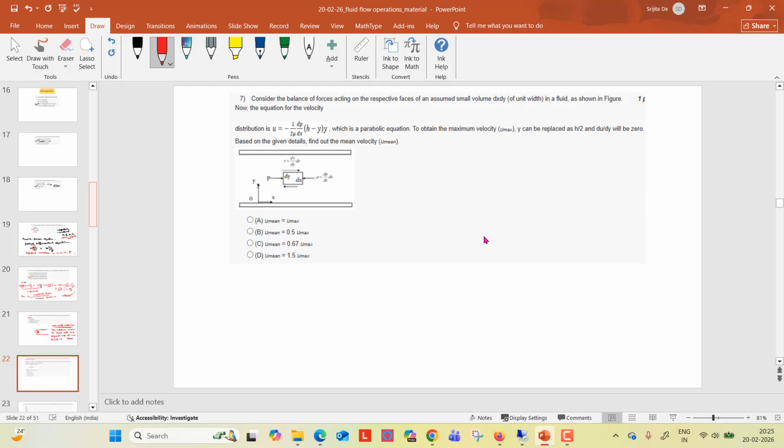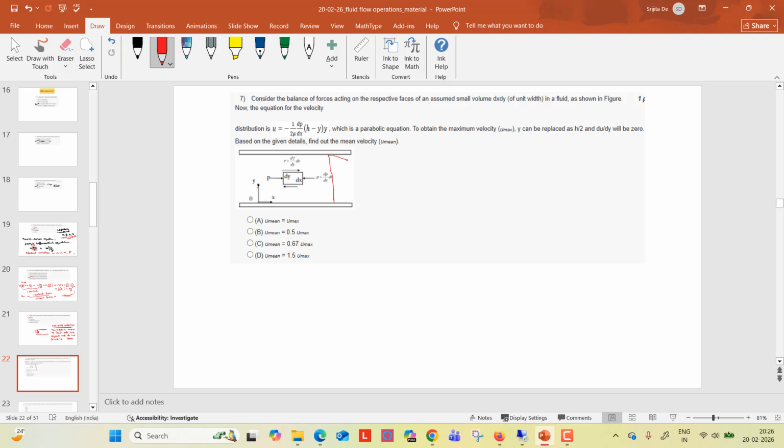So this is a parabolic equation. To obtain the maximum velocity, y can be replaced by h by 2, where du/dy will be 0. Based on the given expression, find out the mean velocity. So this is a plate, right? The velocity profile will be like this.